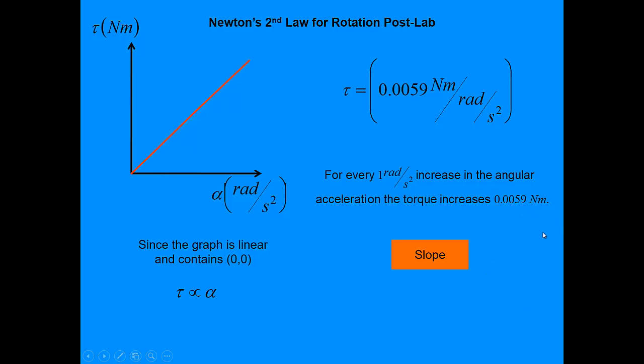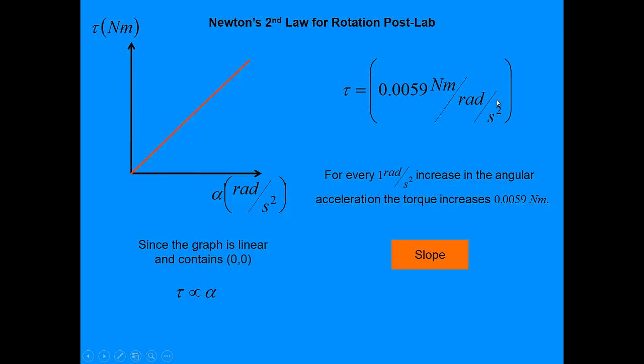So not a lot of torque here, but still a significant number. So this is what it means, really. It tells you how much the torque changes when you change the angular acceleration. But that doesn't really tell us where it comes from. Why is the slope in this case 0.0059?